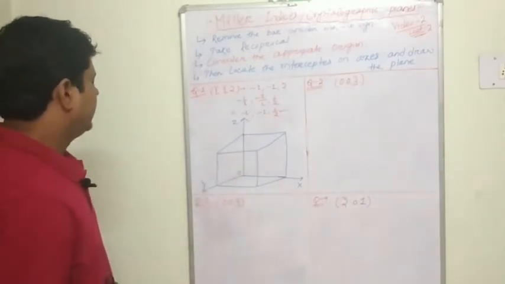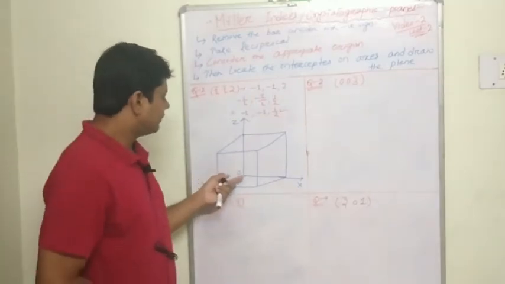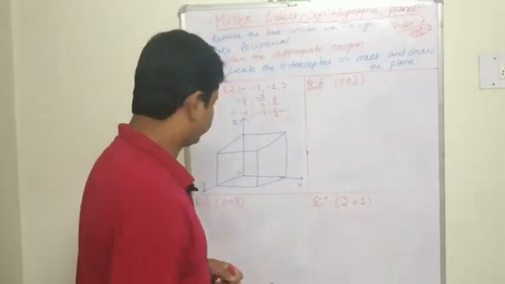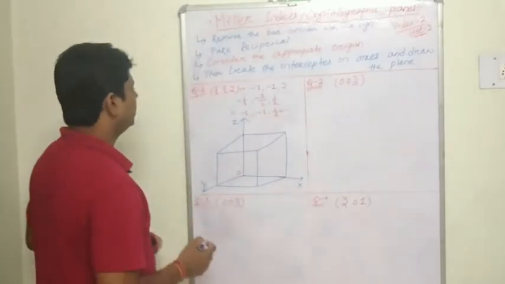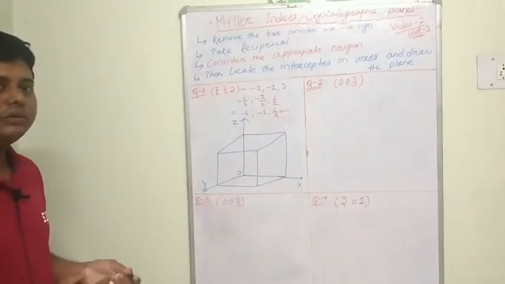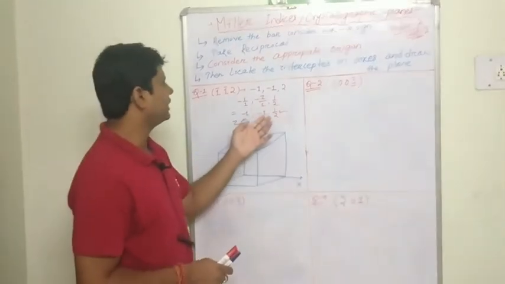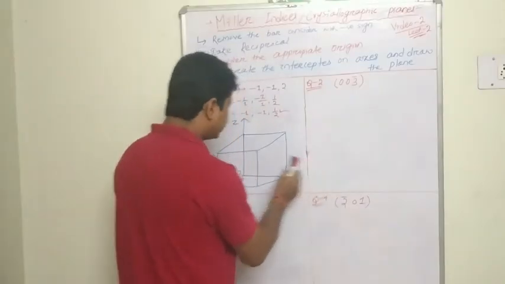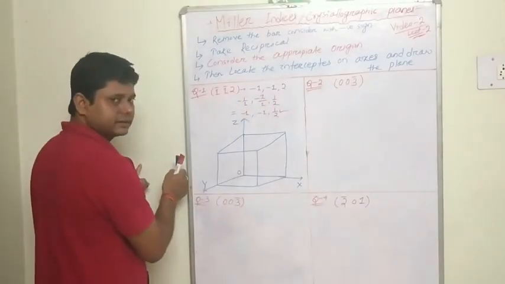Now previously we always took this point as the origin, but now if this were the origin, how are we going to locate -1 and -1? If this is the origin, this side is the positive x-axis and this side is the negative x-axis, right?